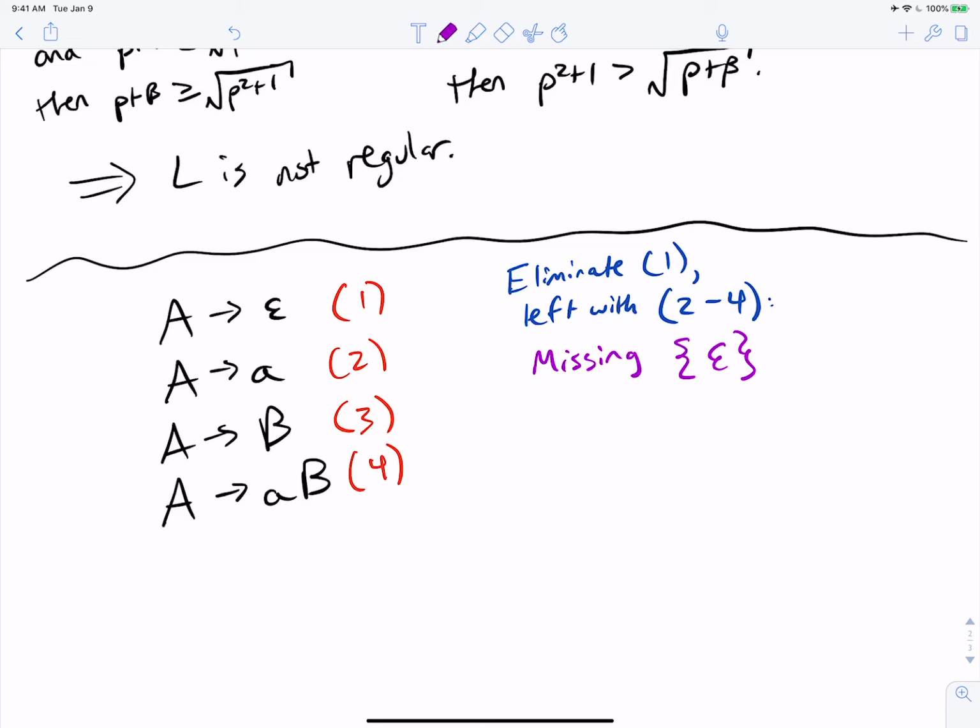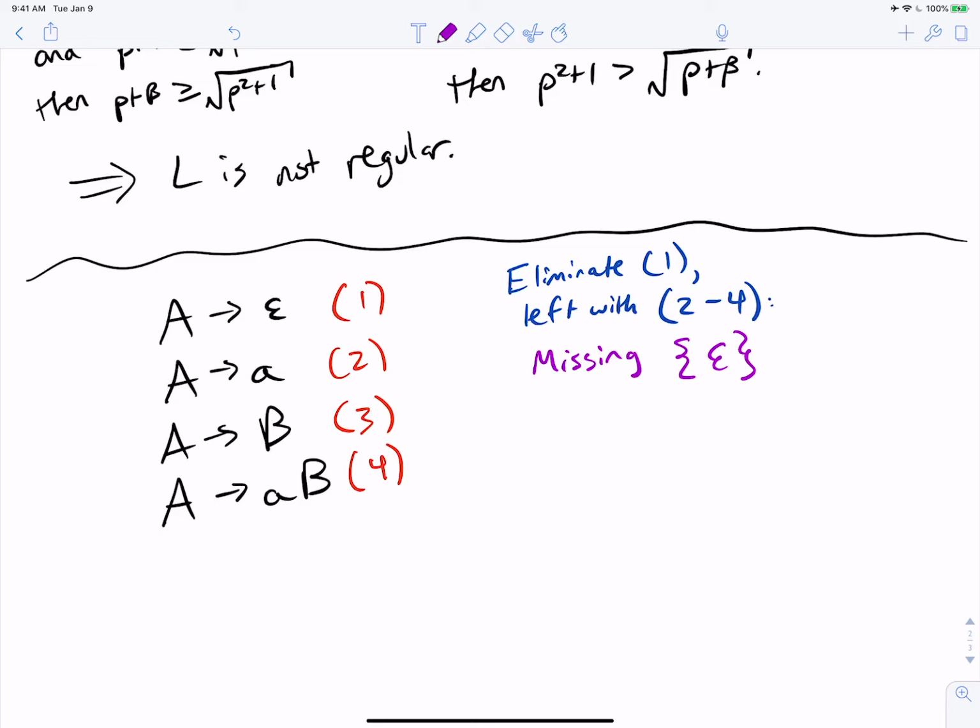Would it work for any of them? Like would you get a variable language if you took the second one or the third one? All of them you would get a variable. The problem here is that could we simulate the missing rule with other rules?